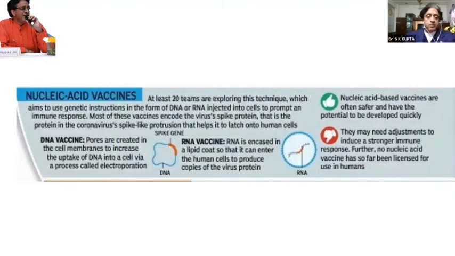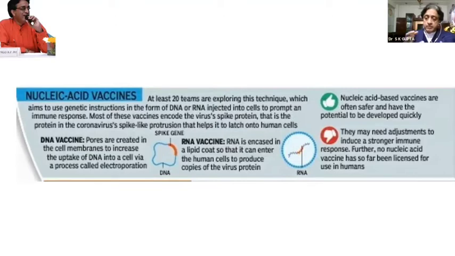And third, the most popular one is the nucleic acid vaccine, the DNA vaccine and the mRNA vaccine. The mRNA vaccine is one vaccine which is pretty fast to develop. And you might wonder why I am saying that mRNA vaccines are pretty fast to develop. Because you might have heard that in RT-PCR based testing, the mRNA is separated. It is pretty easy to separate the viral mRNA.